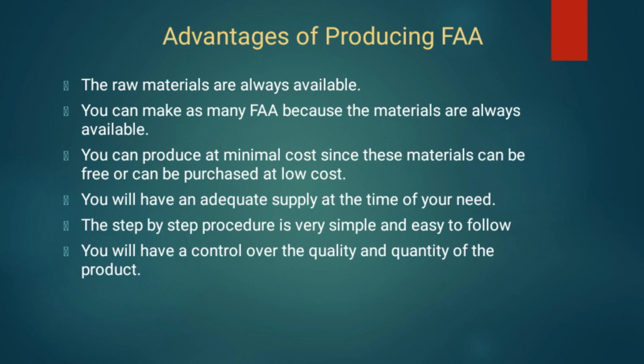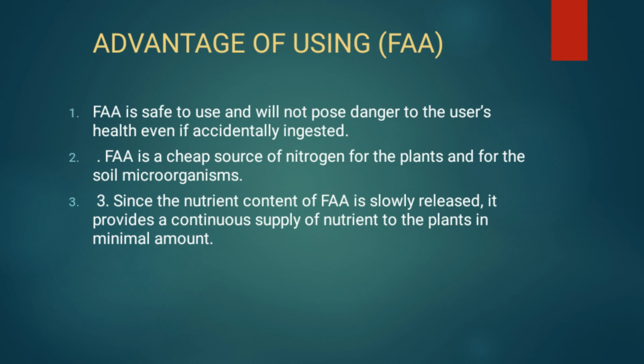As we said, you can produce at minimal cost since this material can be free or can be purchased at a lower cost. You will have an adequate supply at the time of your need. The step-by-step procedure is very simple and easy to follow. You will have control over the quality and quantity of the product.